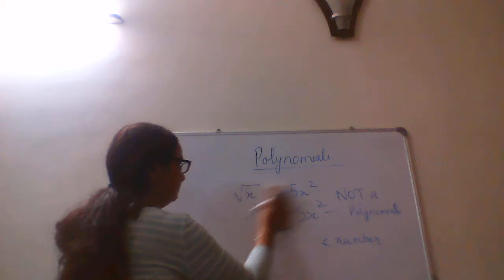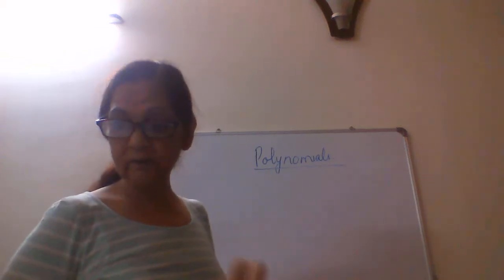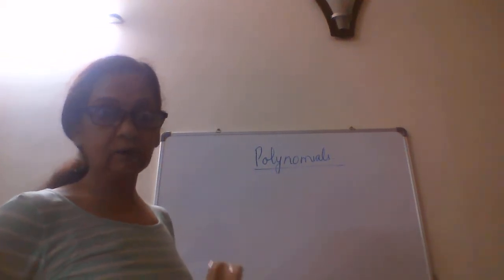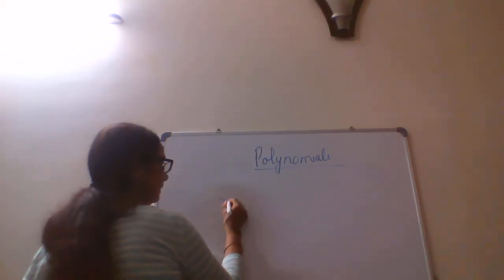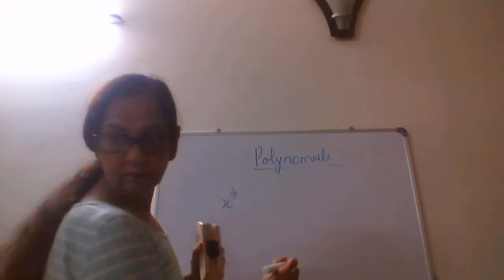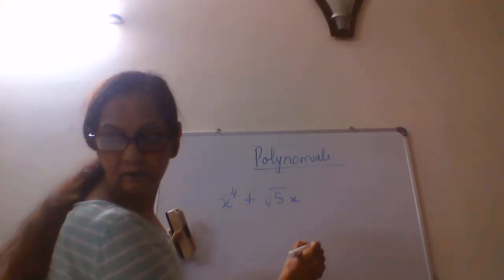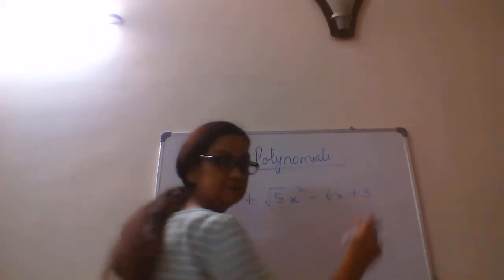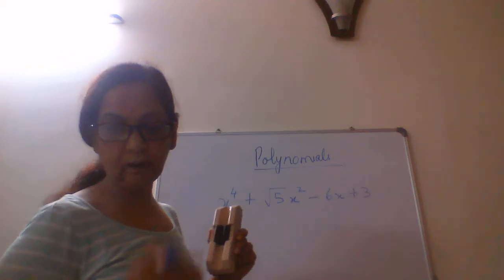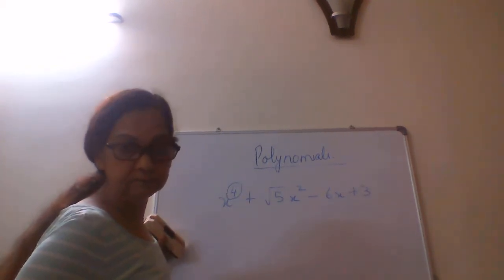Now let's take another example. I hope with this video you will be able to understand completely what polynomials are and how polynomials are different from algebraic expressions. Now you have x raised to the power 4 plus under root 5 x raised to the power 2 minus 6x plus 3. This is my next example for you. You can see x is raised to the power 4, which is a whole number.